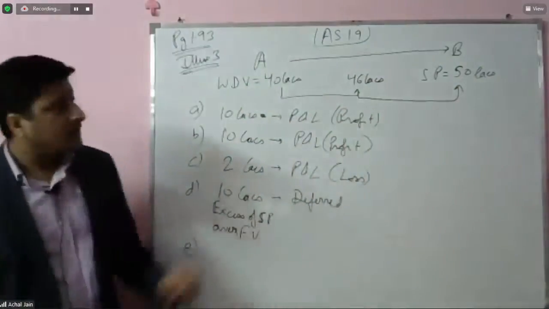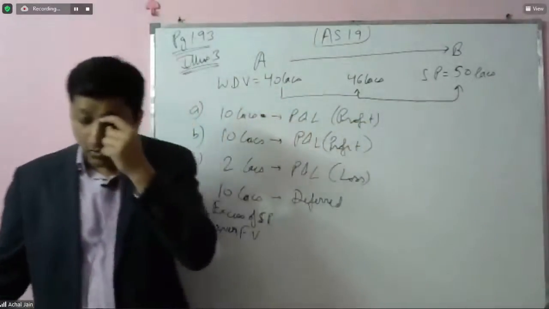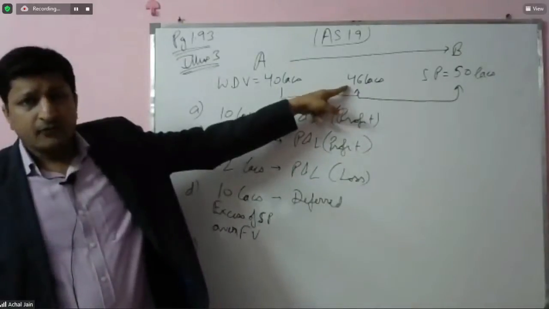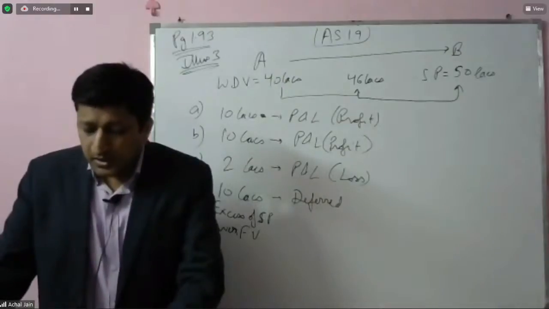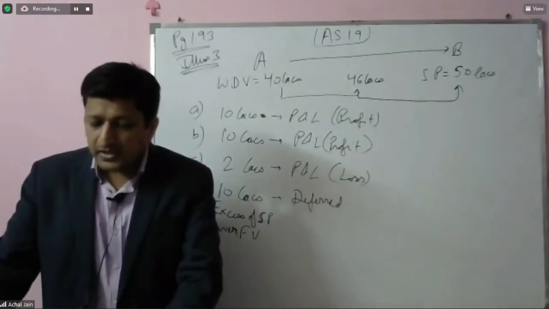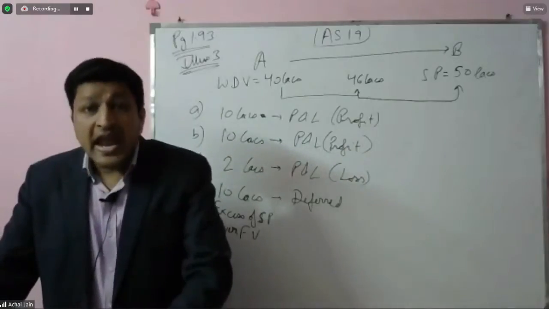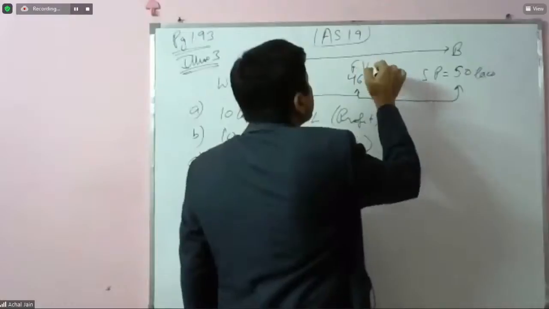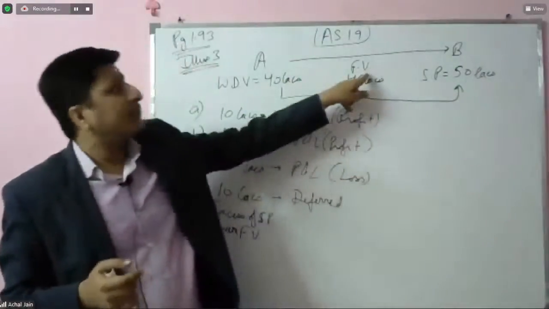So what's the profit? 40 to 50 is the profit. 10 lakhs is the profit. Out of this profit, 6 lakhs, which is the difference between fair value and the WDV, needs to be recognized immediately in the books. And what's the balance? Excess of selling price over fair value.